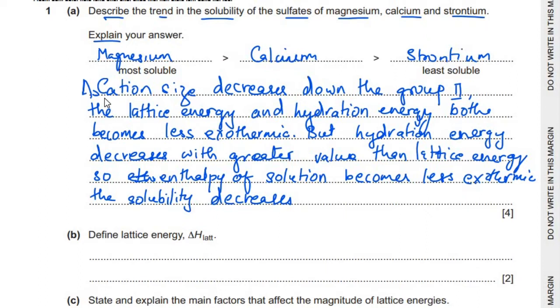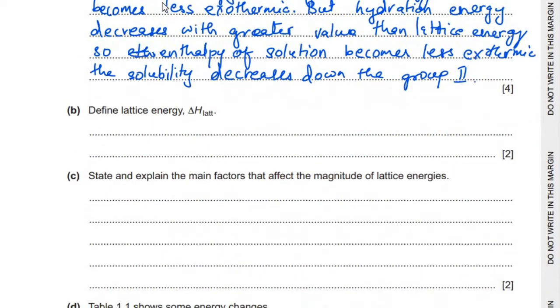Because of that, the enthalpy of solution becomes less exothermic. So let me finish my sentence: decreases down the group 2. So that's how we explain it, and as it's 4 marks, we need to explain it in detail. Also we have got enough space to write everything, so I'll utilize the whole space and keep on writing the whole sentences in a proper way.